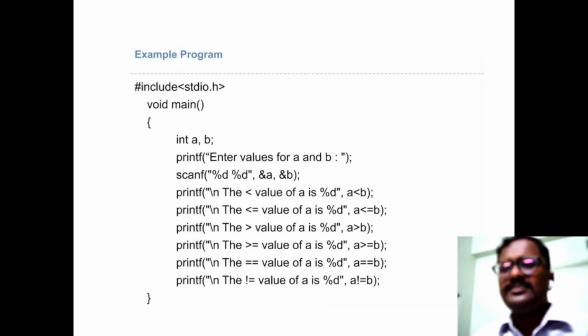In this condition, it checks if a is less than b, or if b is less than a. These are the operations performed in this program to get the output.